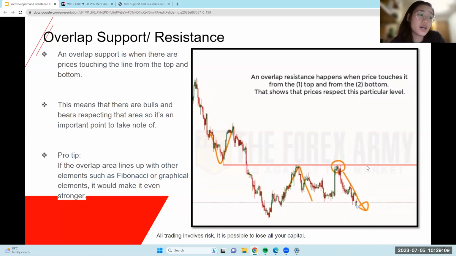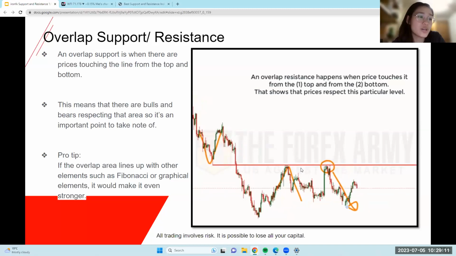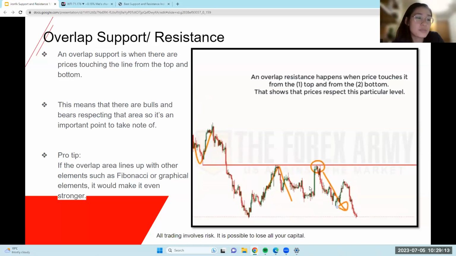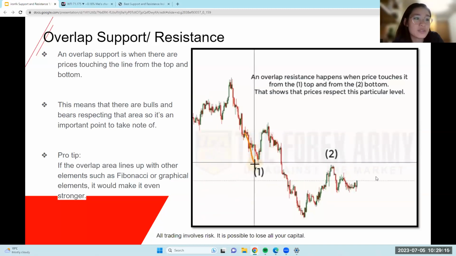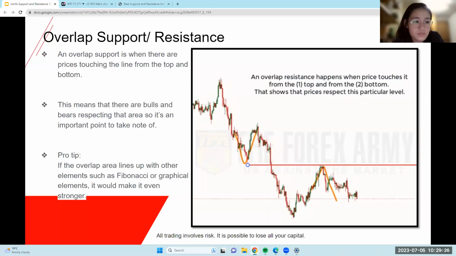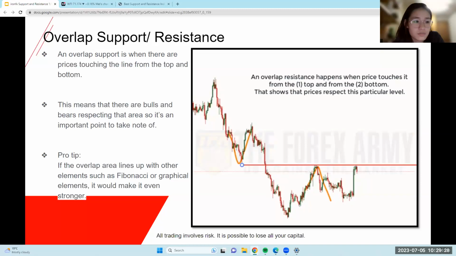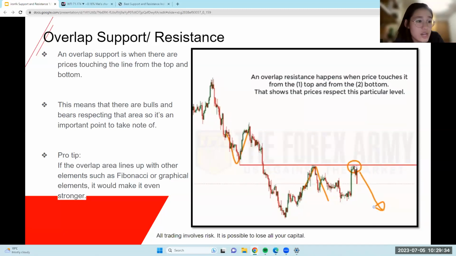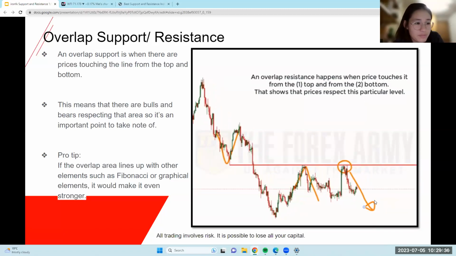So these are really strong levels because you can after that expect price to continue to respect that level. Okay, so you can see price did come back and retrace the level and then bounce back off of it.